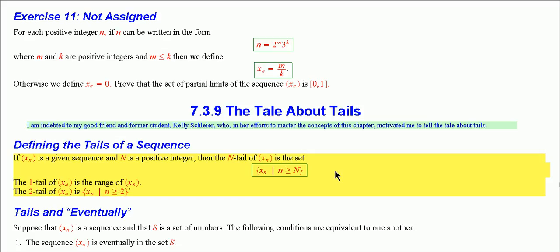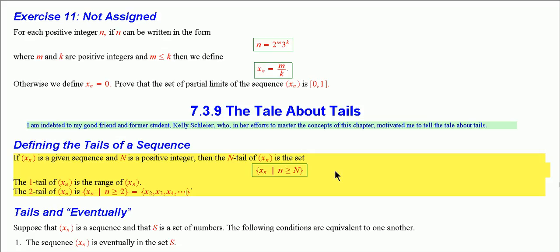It's the set of the numbers x sub 2, x sub 3, x sub 4, dot, dot, like this. That's the two tail. Would you like to see what the 197 tail is?